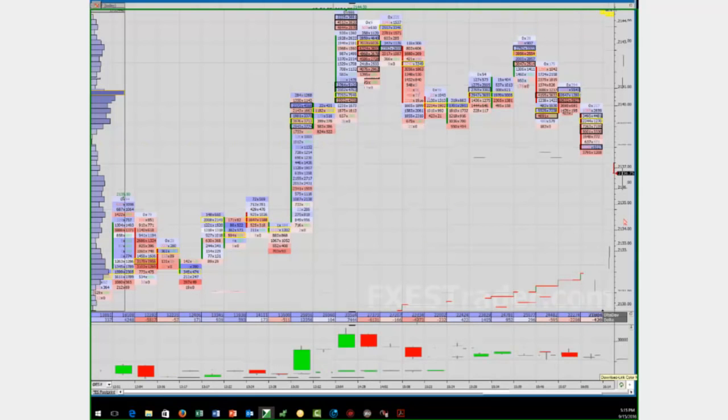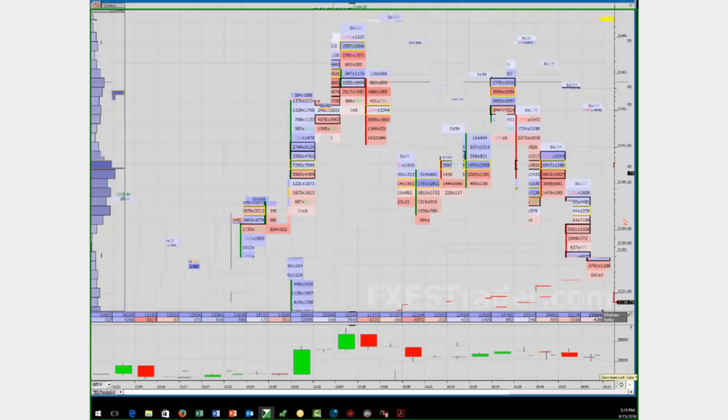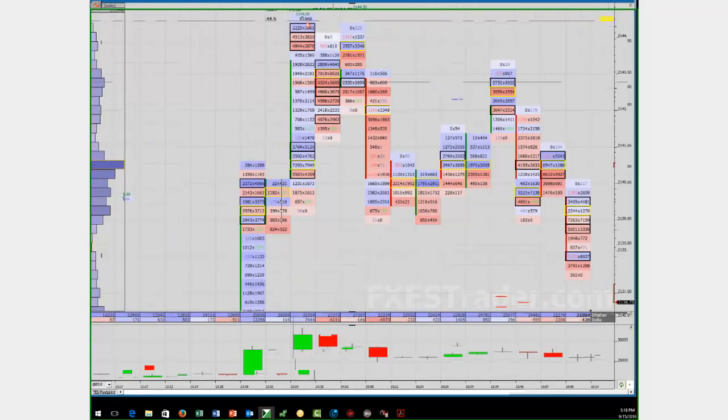So at the top, 0 by 666. That was probably almost a reason to take a short just because of the devil number. But 0 by 66 capped right up underneath. This was a single from two days ago, and it was also a whole pile of other stuff, a confluence there.